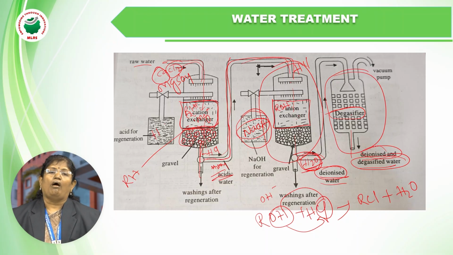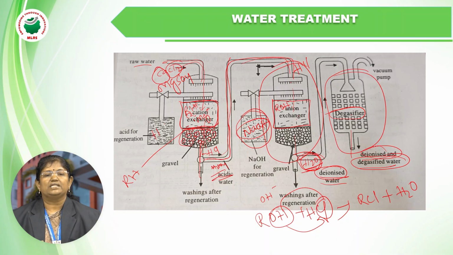When all the pores of the resin have been completely blocked with the cations, either magnesium or calcium from the water, the resin can no longer exchange ions, because it has no H plus ions left for exchanging. That condition is called exhaustion.